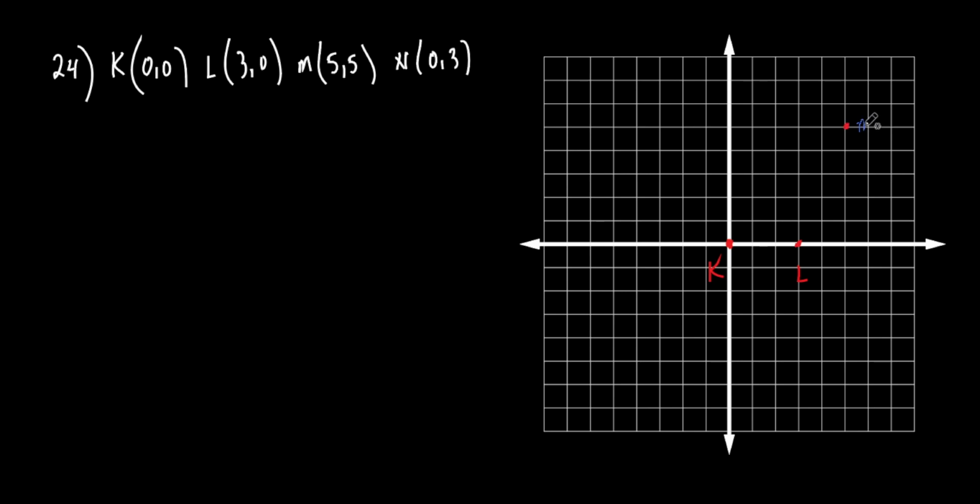That's M. And then N is 0, 3: 0, 1, 2, 3. There we go. So we're going to connect them. And that's what it should look like.